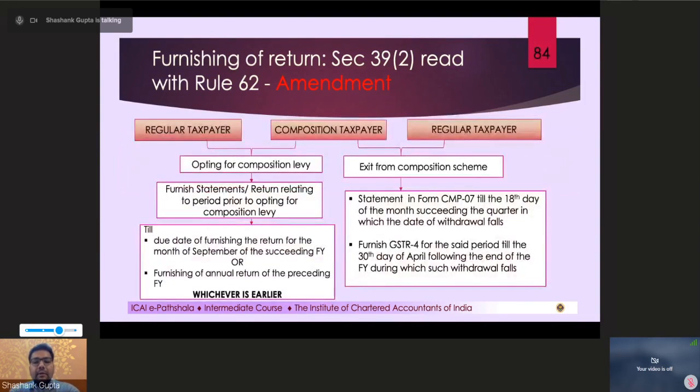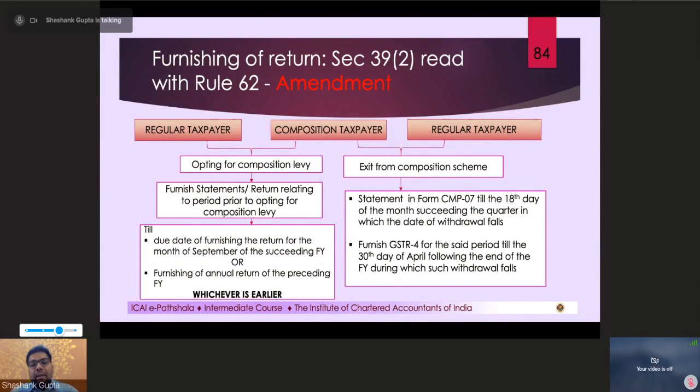Now what happens in case where a person is moving from regular taxpayer to composition scheme, or a composition taxpayer to regular taxpayer? In such cases, in the first part, where a person is moving from regular taxpayer to composition levy, he has to furnish statements relating to period prior to opting for composition levy.